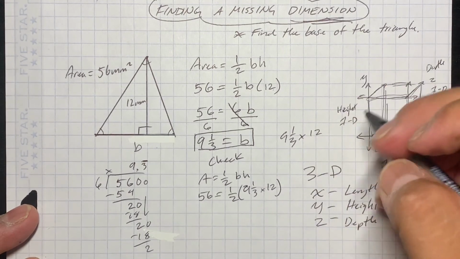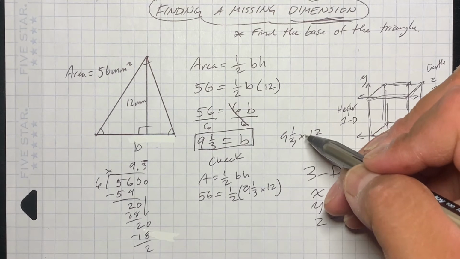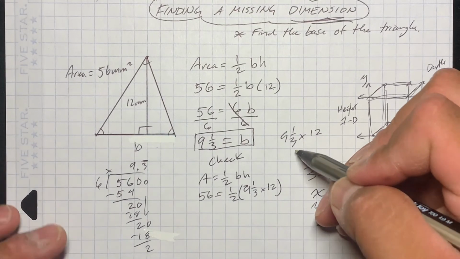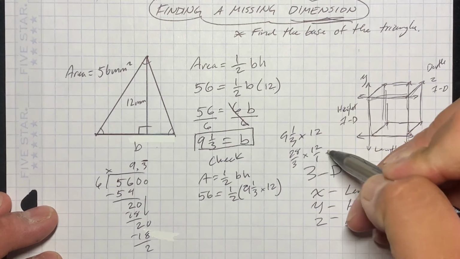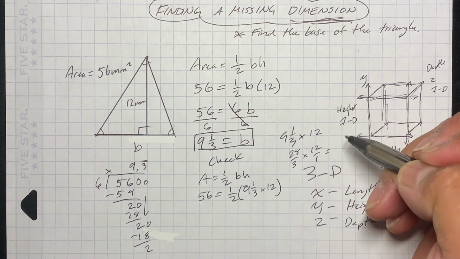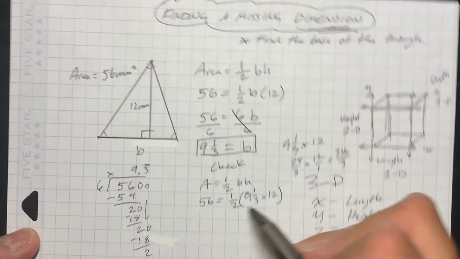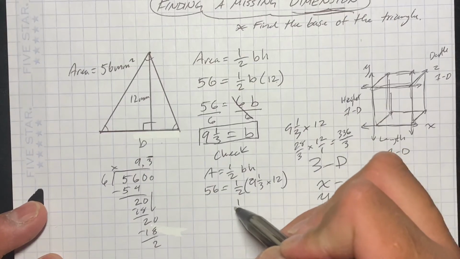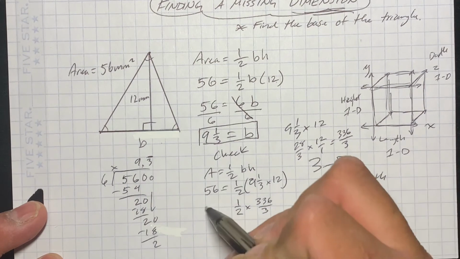Okay, so we're gonna go 9 times 3. 9 times 3 is going to be 27 plus 1 is 28 over 3 times 12. Okay, so 28 times 12 would be about 336 over 3. So half times 336 over 3.